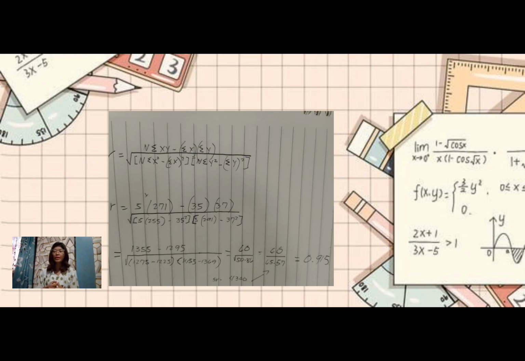First of all, we multiply 5 times 271, which is 1,355, minus 1,295, since 35 times 37 is 1,295.